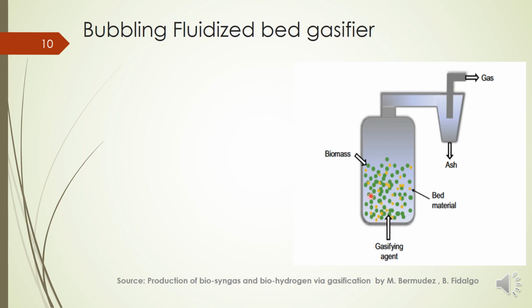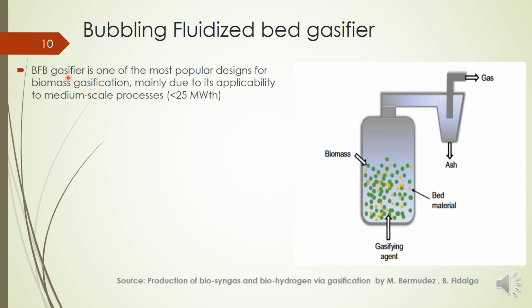The important thing here is that the air velocity is not that high, and we are not recirculating any bed material and other particles to the reactor. We have the biomass, the gasifying agent, and the bed materials, and the gas goes through here, but we separate only some ash from this separator.